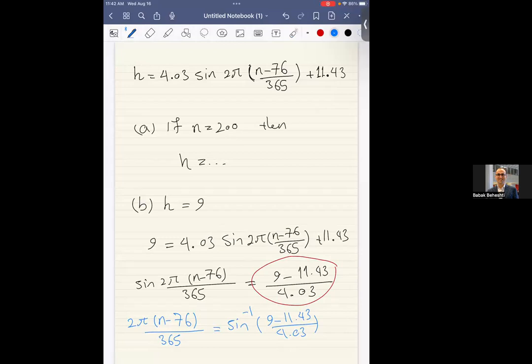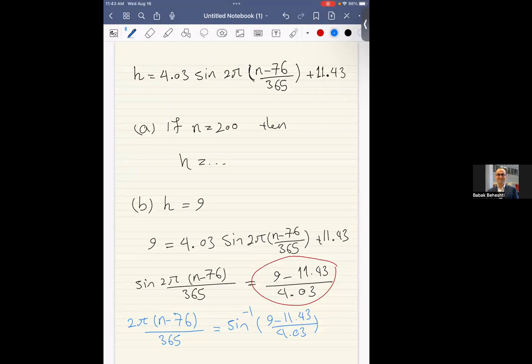Did you get it in terms of radians? By the way, you have to be careful when you compute sine inverse in your calculator, it should be in terms of radians.